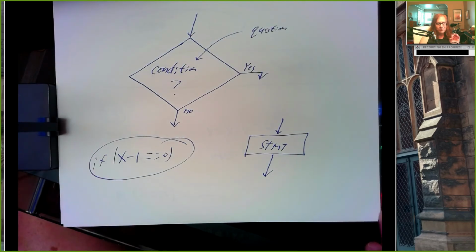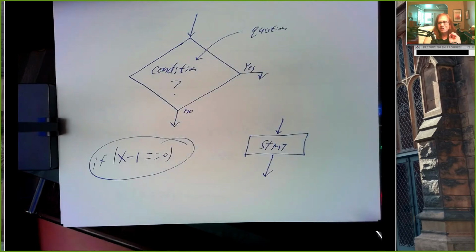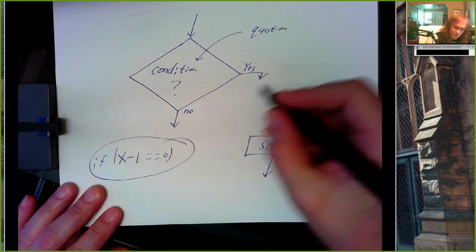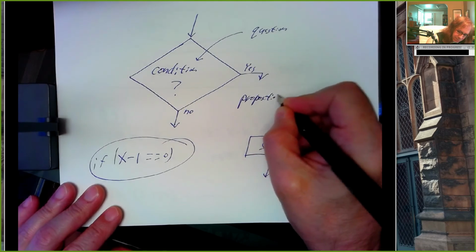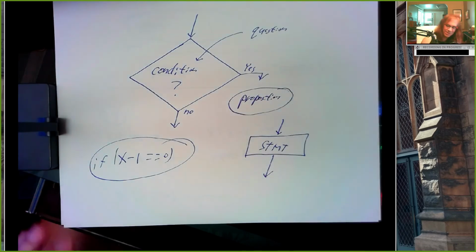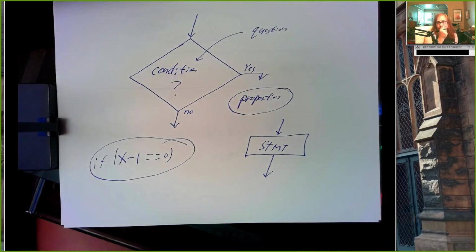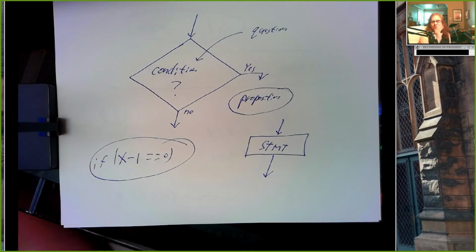So make sure when you write these things inside these diamonds, these conditions, they're what we call propositions. Something that can be answered yes or no. If you do CSE 215 with me probably next year, we'll talk a lot about propositions.